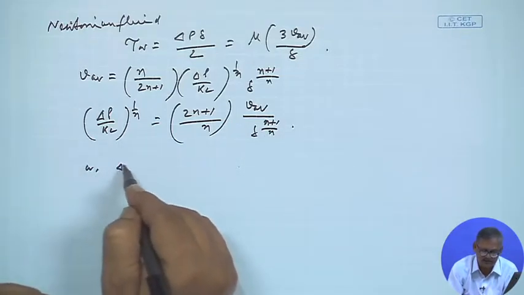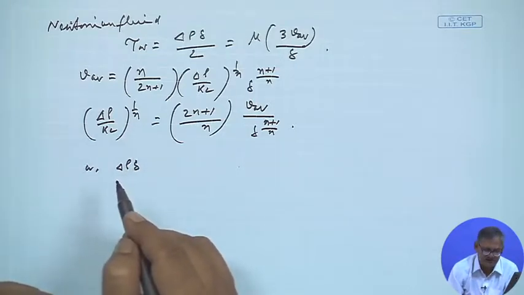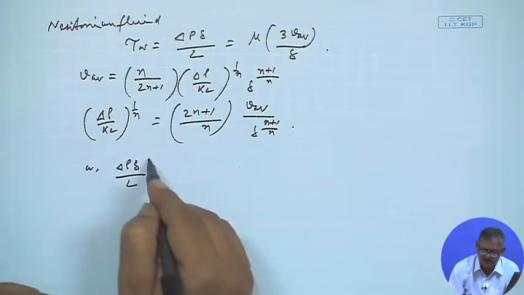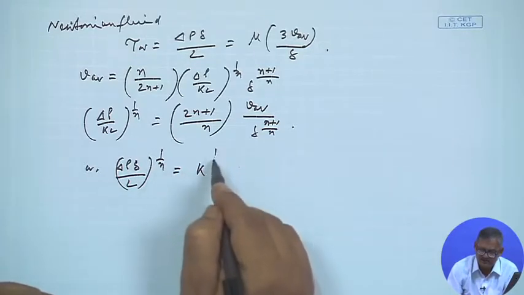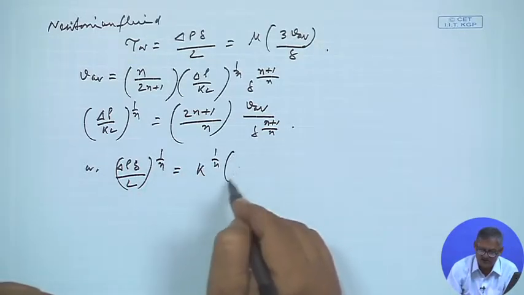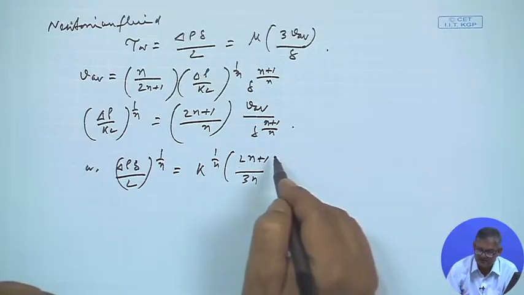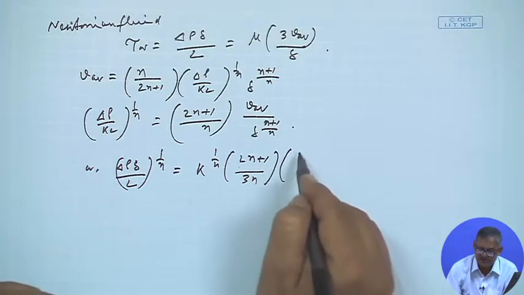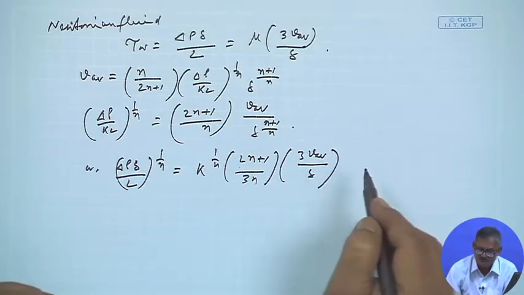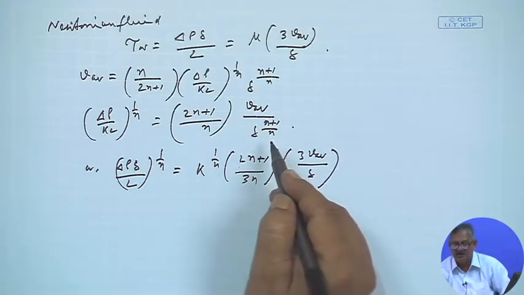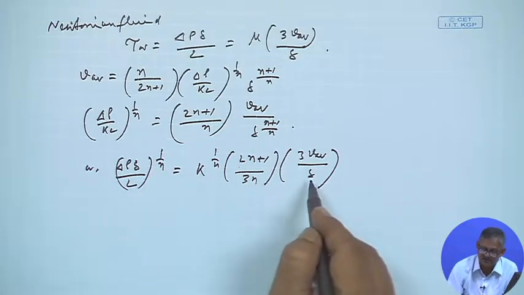Or we can write (delta P del by L) to the power 1 by n is equal to k to the power 1 by n into (2n plus 1) by 3n, right, into 3 V average by del, right, because from this one del we have taken out 1 by n, del to the power 1 by n, so one del remains.